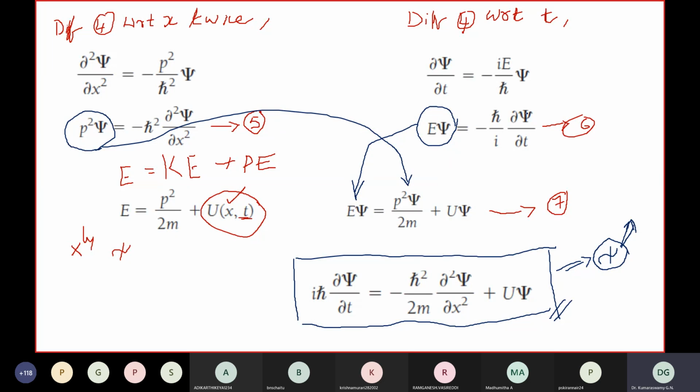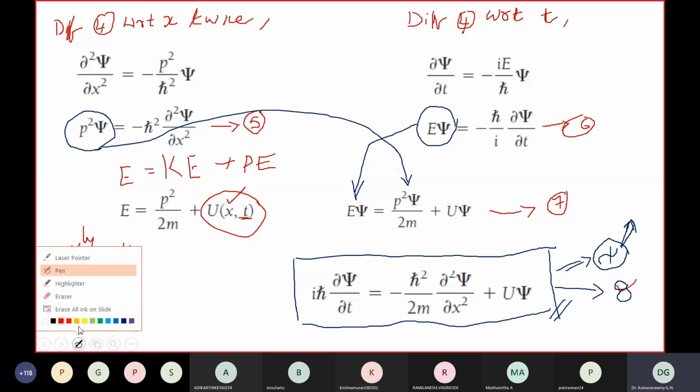Give an equation number to this. Which equation number? 5, 6 is over, 7 is over. Let's give equation number 8.